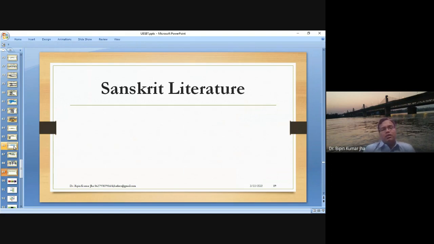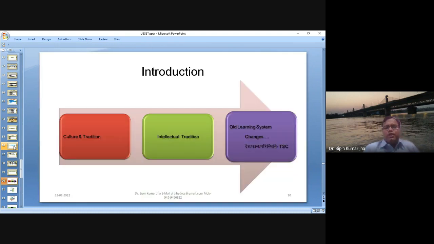Now, in our first module, there are two different topics: one was concerned with the Sanskrit language, and another was concerned with literature. Whenever we are talking about any literature, it is deeply associated with the culture of that specific nation.